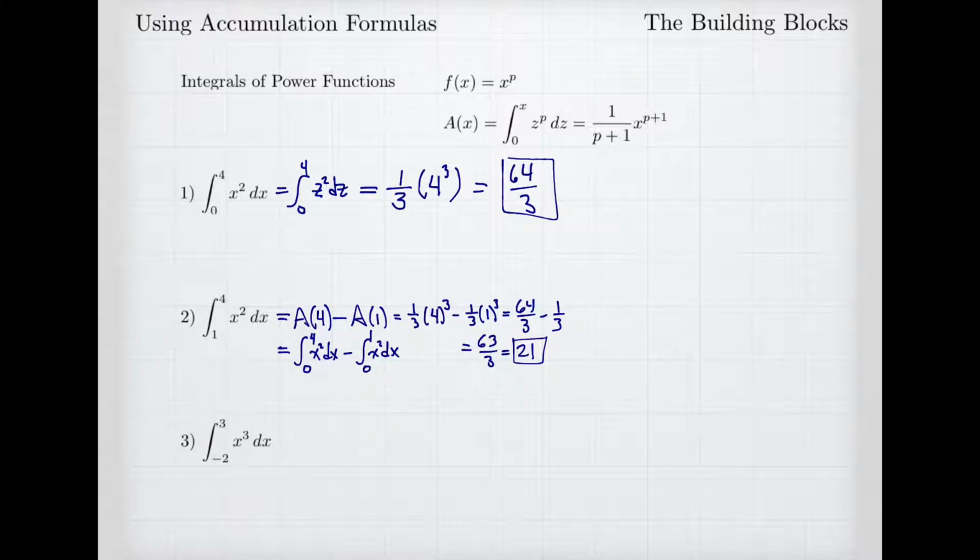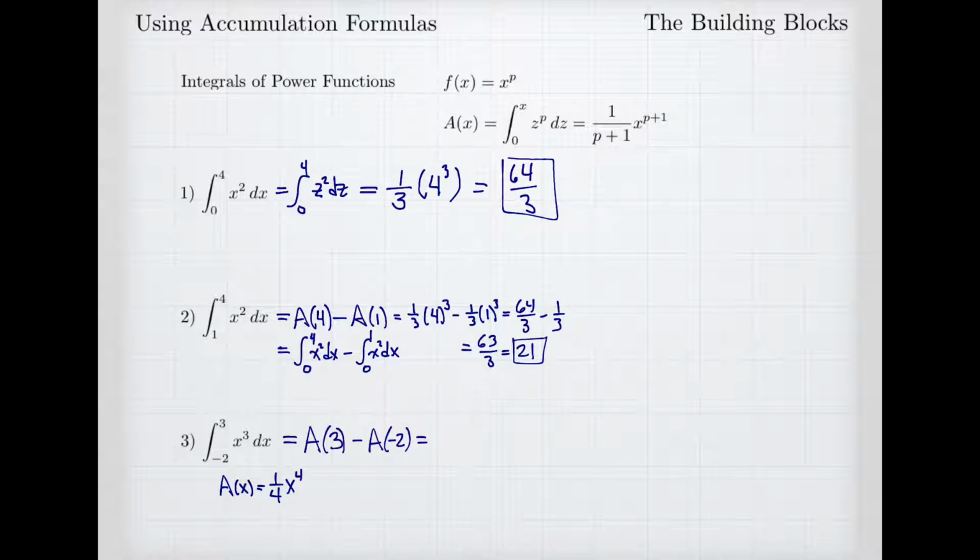For our third example, we have a power of 3, so my accumulation function that we're working with in this example will be 1/4 x to the 4th, and this definite integral will be the value of that accumulation at 3 minus the value at the starting point, -2.